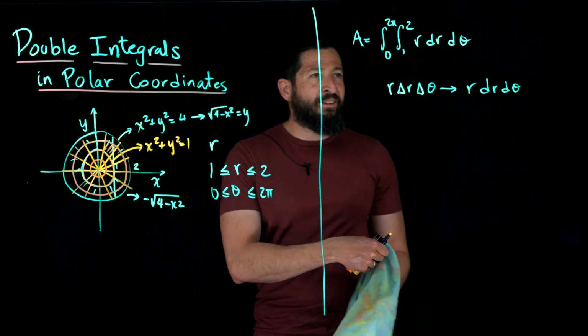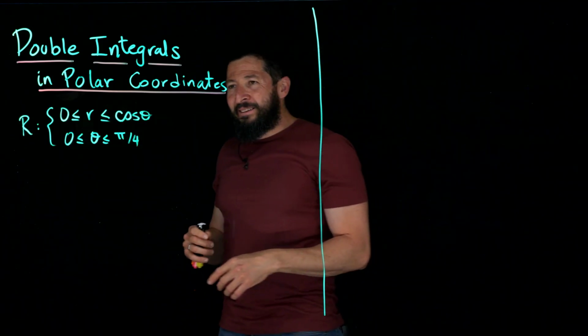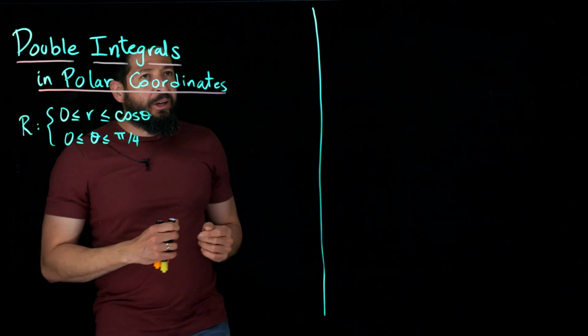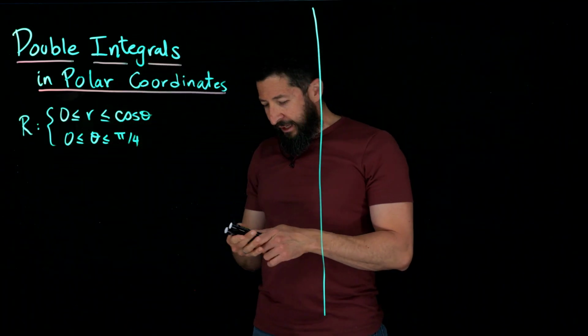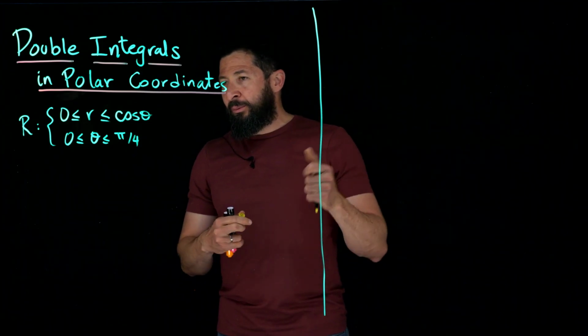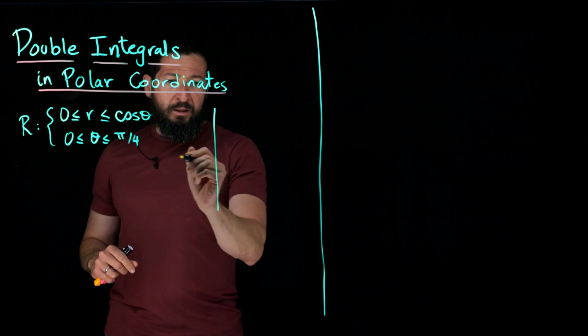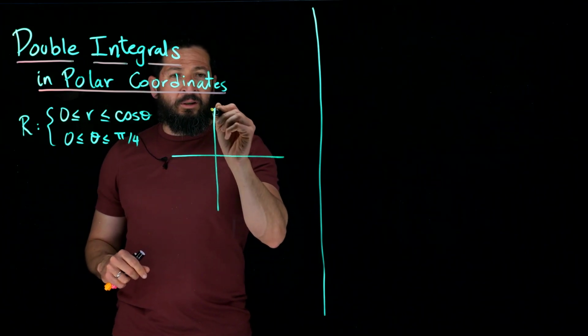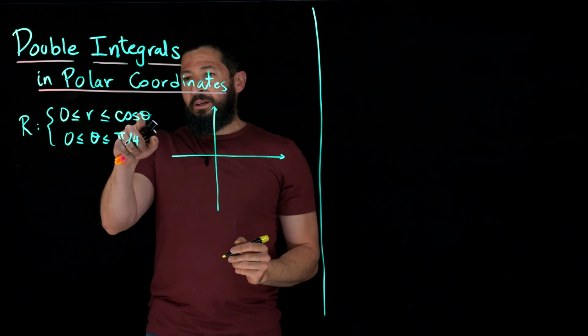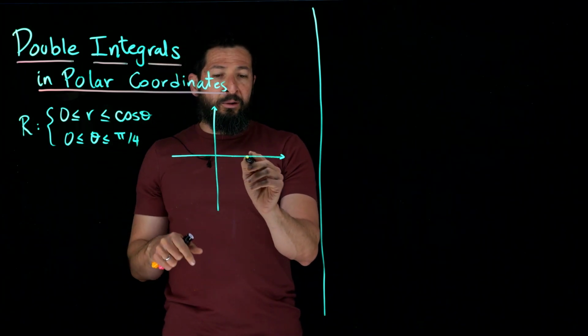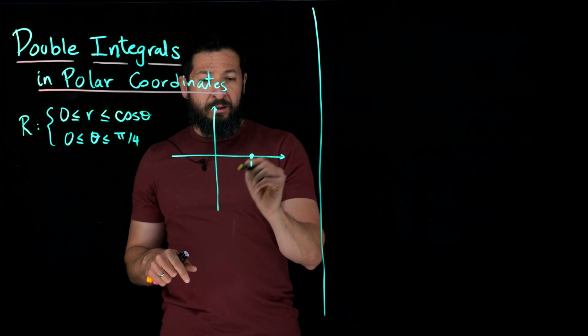So let's go ahead and set one integral up. Let's say that you want to compute the area of this region. And so what we're going to do is firstly draw it. So remember the graph of the cosine quickly. When the angle is 0, cosine is 1.